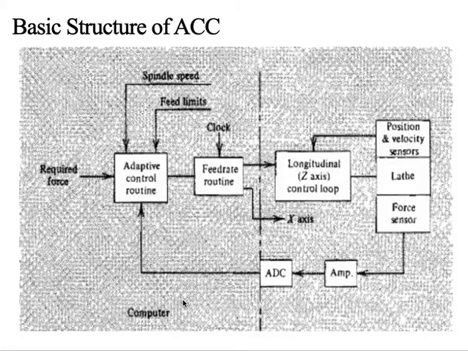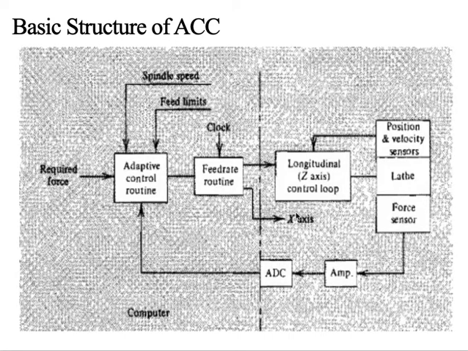The basic structure of this ACC: the adaptive control routine receives the spindle speed, feed limit, and required force. From here the feed rate and routine of the clock of a timer, right?